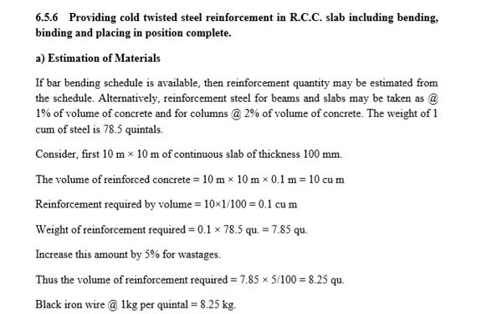So what is the thumb rule here? For beam and slab, we have to take 1% volume of the concrete. For column, we have to take 2% volume of the concrete. Number two, additional 5% for wastage, because the length of steel available in the market is fixed.